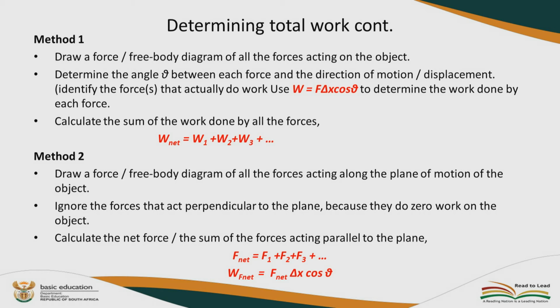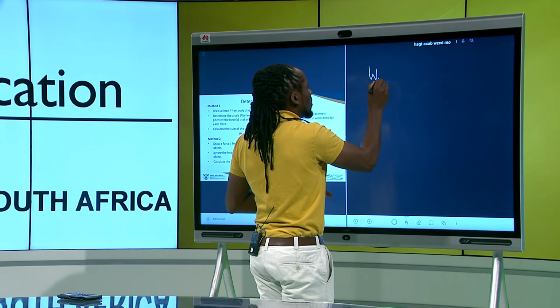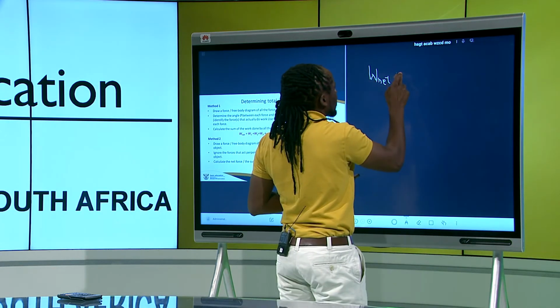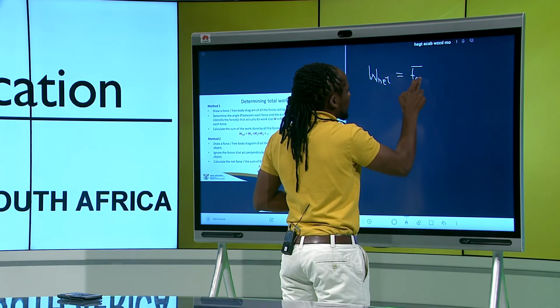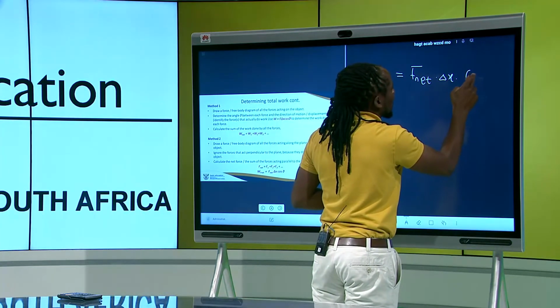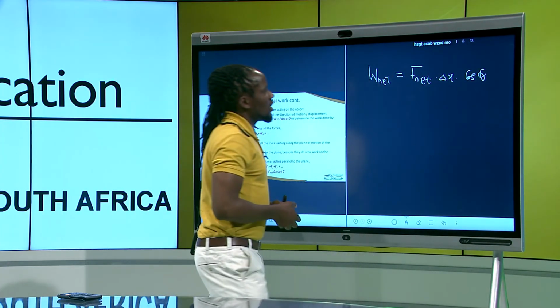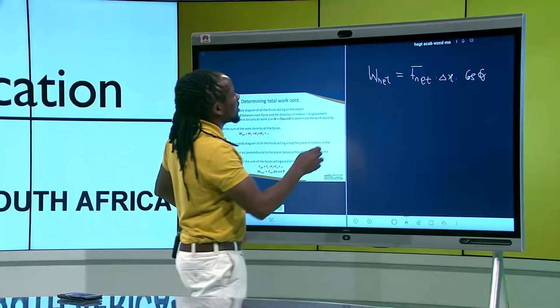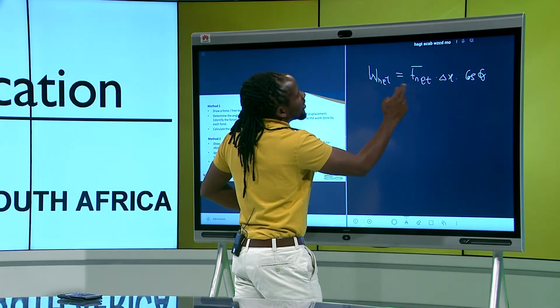Alternatively, we can simply go back and say the work net is equal to F net delta x cosine of theta, because total work is done by the total force. Now, if you look at that formula, it says the total work is done by the total force.